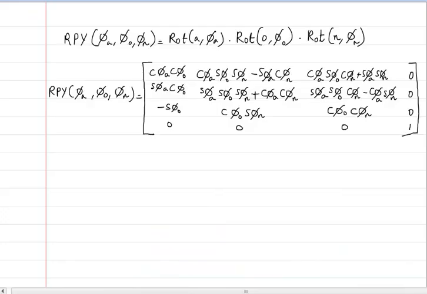Now if someone asks that the wrist must be oriented in such and such direction, we can solve these equations to find the angles of rotation, which are phi A, phi O, and phi N. But since that is not a portion of your syllabus, I will not take that here.